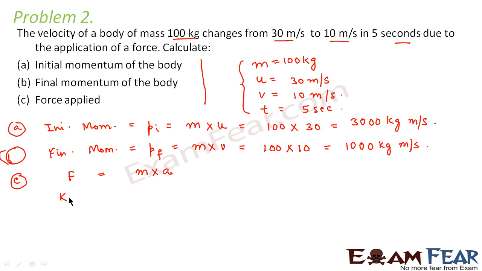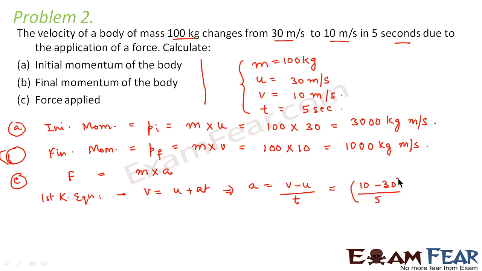From the first kinematic equation, we know v is equal to u plus at, or a is equal to v minus u by t. So v is equal to 10, u is equal to 30, and t is equal to 5. So we find minus 4 meter per second square. This is the value of acceleration.